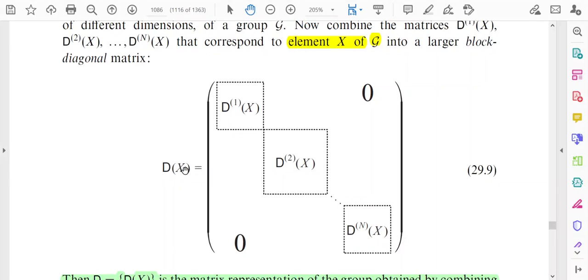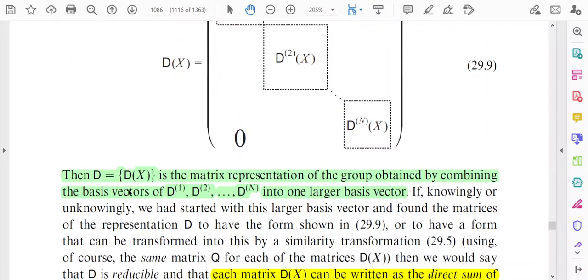Just look at this block diagonal matrix D. D is known as the block diagonal matrix, and these diagonal blocks are actually the different representations. So d1(x), d2(x), which are the different representations corresponding to the element x, we write along the diagonal, and all other elements are 0. So capital D is a block diagonal matrix.